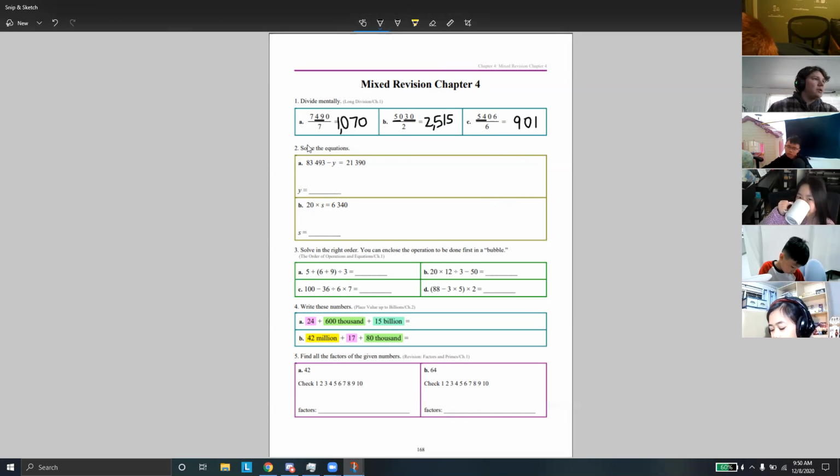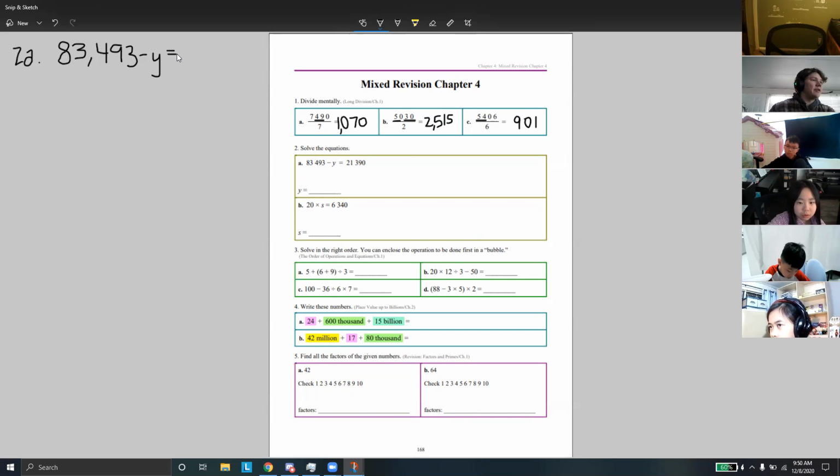Great, okay, now we're doing solve the equations. So if we have the number 83,493 minus y, just a variable, some number, is equal to 21,390. How we can solve for y is, we don't want 83,493 minus y.